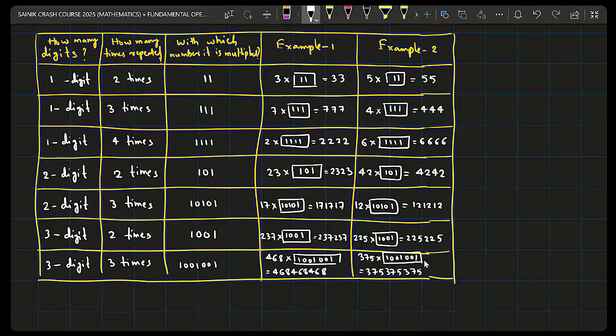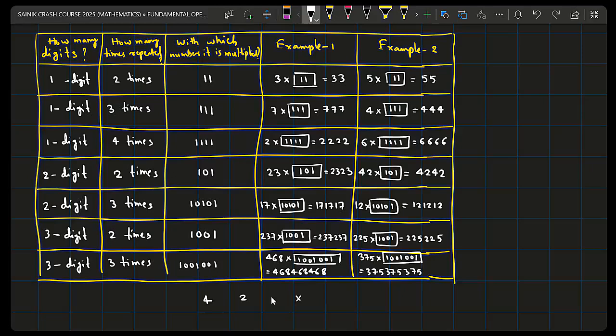Pranay, can you say the answer: a 4-digit number I want to repeat 2 times, so with which number should I multiply?